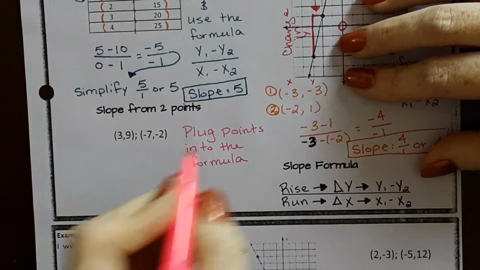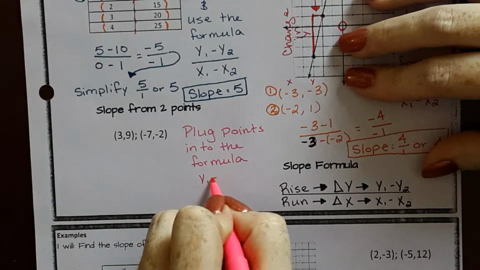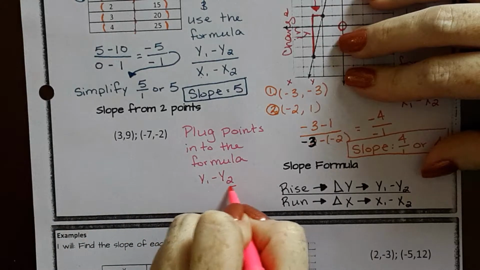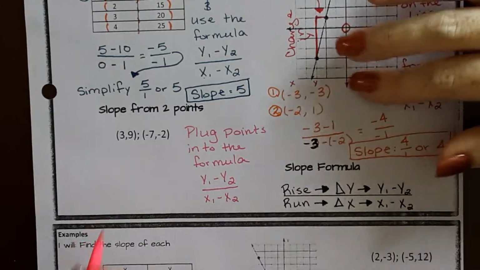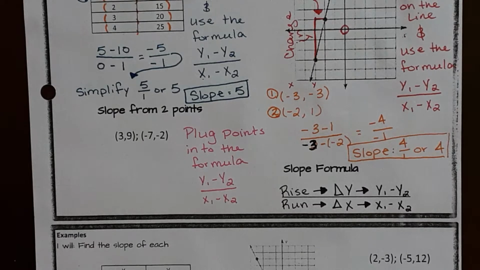And what's the formula again? y1 minus y2 over x1 minus x2.